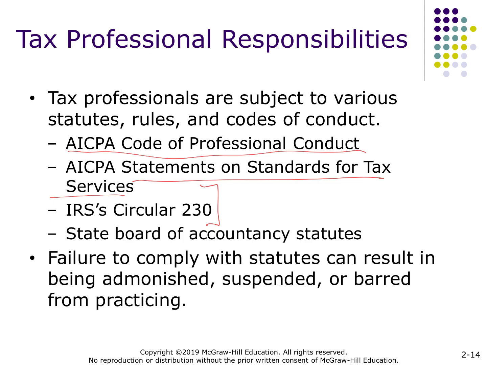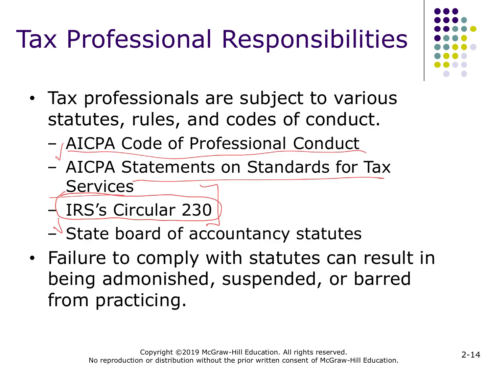Okay, now it's important to know that the AICPA and the state boards of accountancy all kind of follow and dovetail into this IRS Circular 230. So it's not really that there are all of these separate codes of professional conduct that you have to navigate.